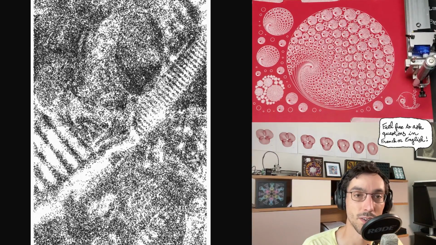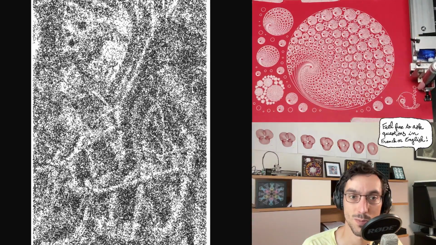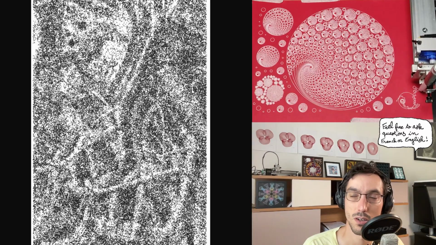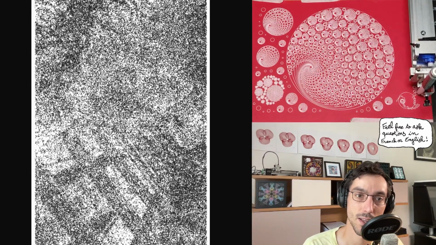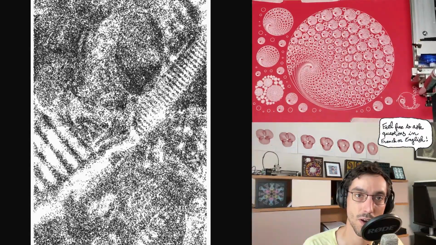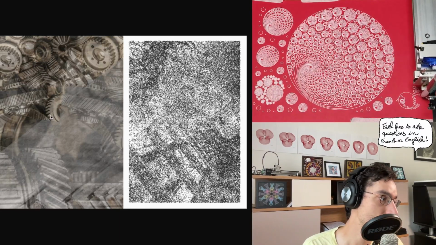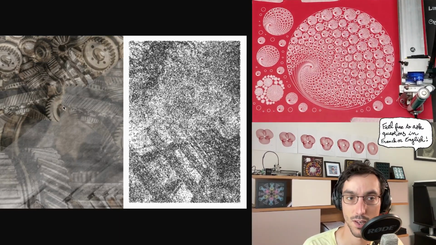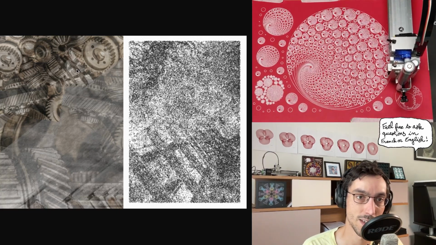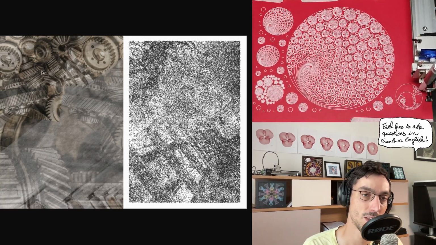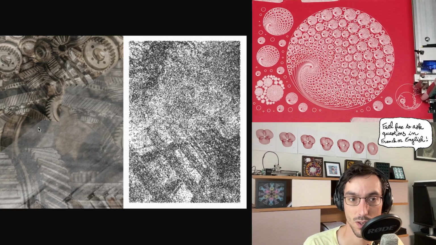I wanted to explore ideas around mechanics. So you can have wires, things like that. On the left you can see the image, which is composed of many, many photos.